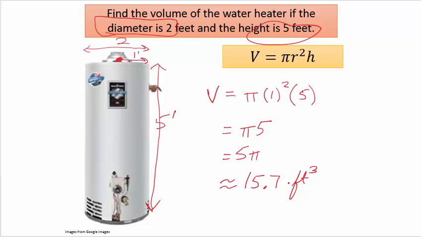Now, it'd be useful to use the information we learned back in Module 2, I believe it was, and we could convert cubic feet to gallons to find out how many gallons that held. That'd probably be more useful than cubic feet, but that's something we have learned how to do in the past.